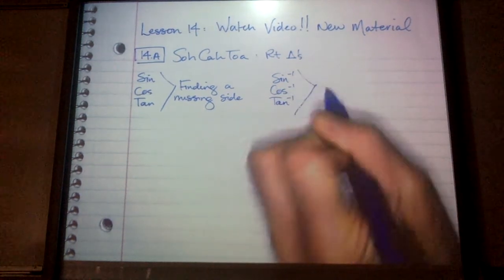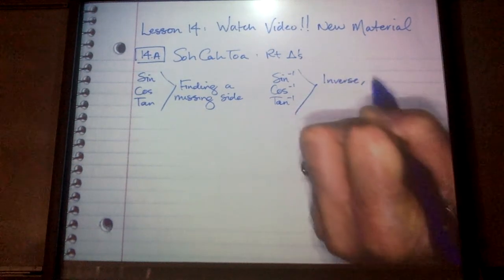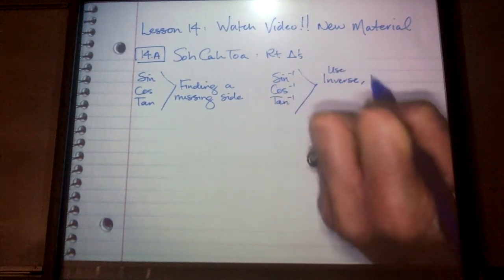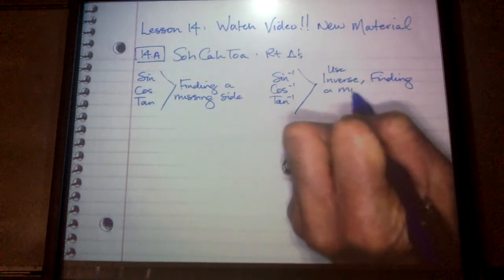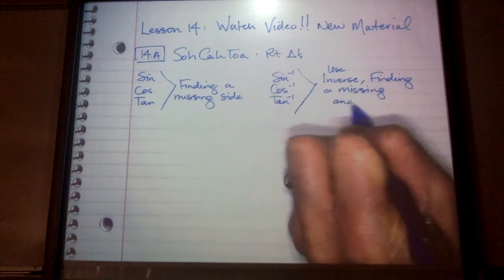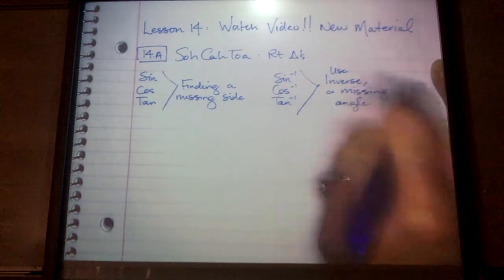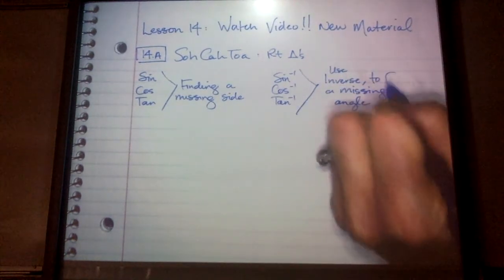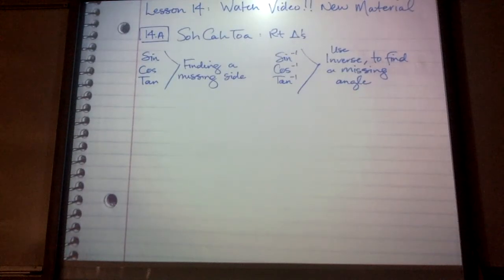And we use the inverse function when we're finding a missing angle. And I should have put "to find a missing angle." So I'm not going to spend a ton of time reviewing this part because I'm hoping that you remember.